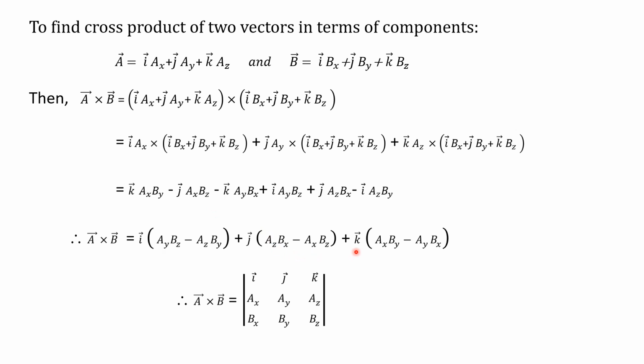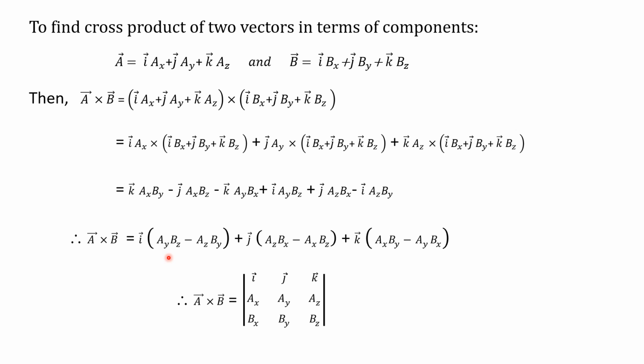And the k terms, k common: Ax By minus Ay Bx. Now we get vector A cross vector B in terms of i, j, k; the bracketed terms are the components of A cross B.